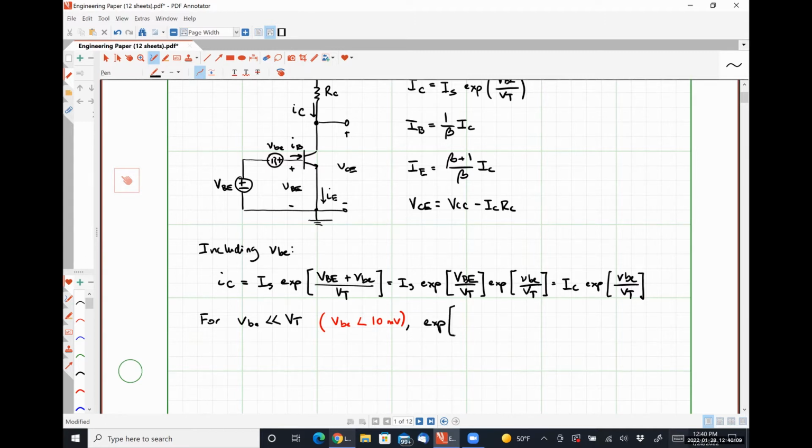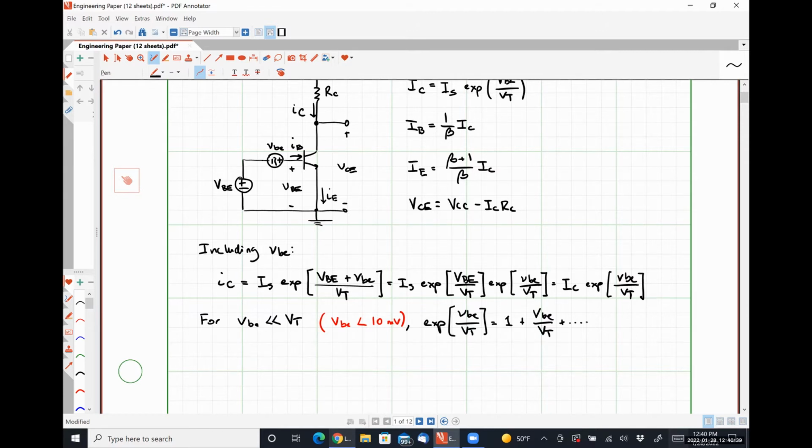Then EXP of VBE over VT looks like 1 plus VBE over VT plus the higher order terms, which we're going to throw away, because when VBE is much smaller than VT, those are just getting progressively smaller and doing less and less.